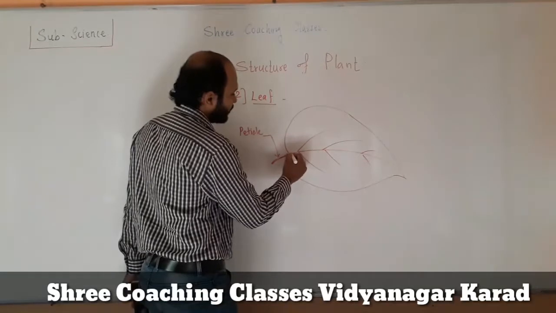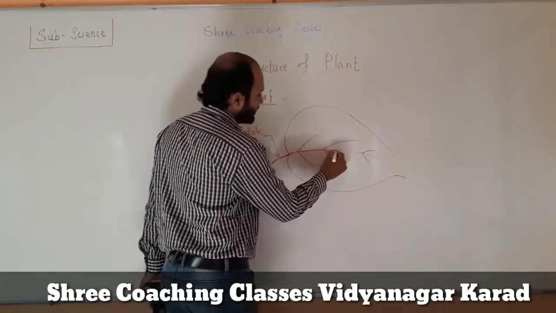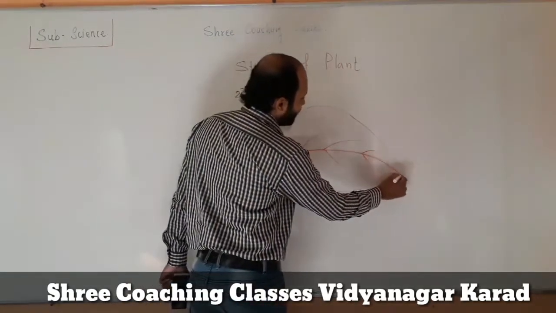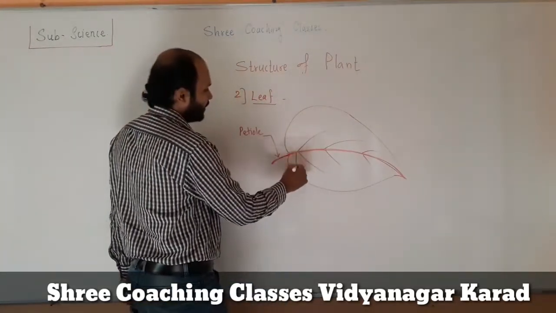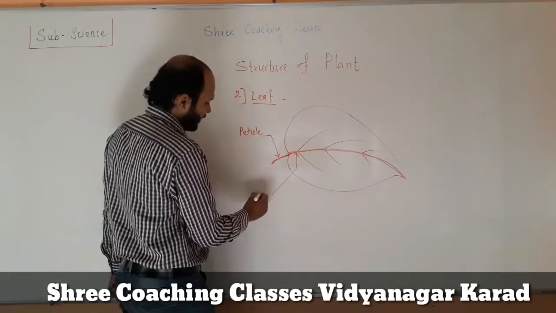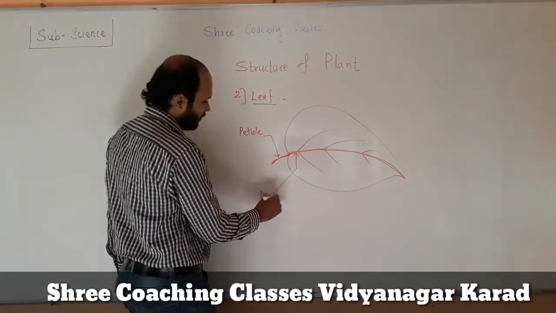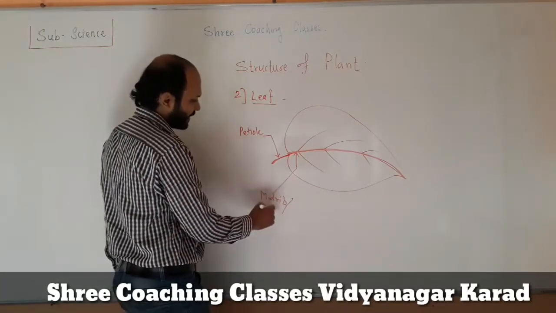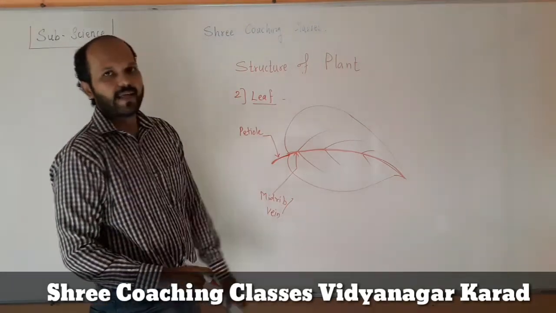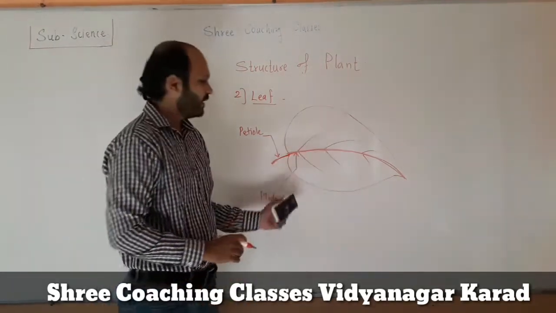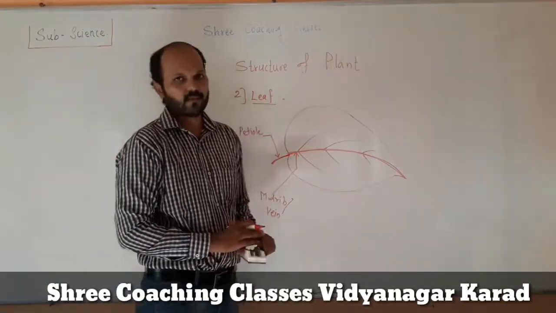Now here you can easily see this one line known as the mid-rib, or the main vein. Like our body, leaves also have veins.